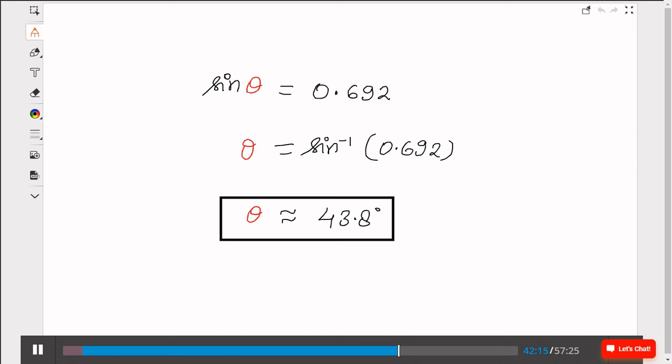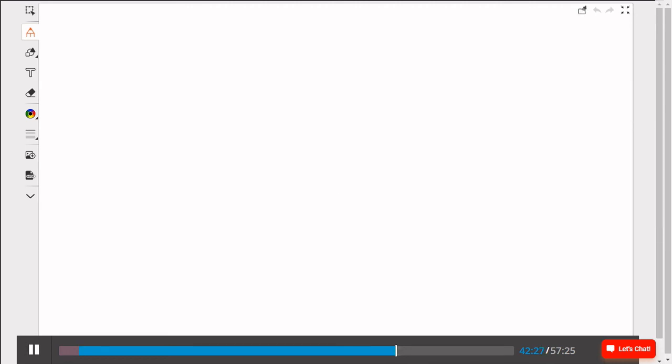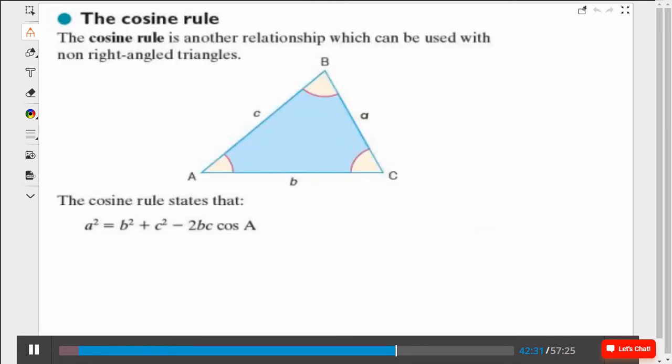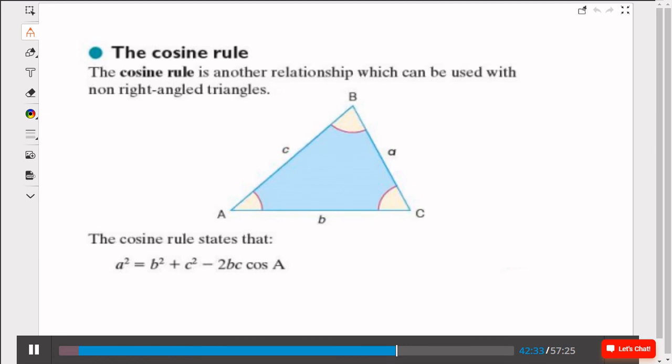Let's say you have a triangle. This is A, B, C. You are given this is 7, this is 3, and this is 9. Nothing is given to you apart from that.